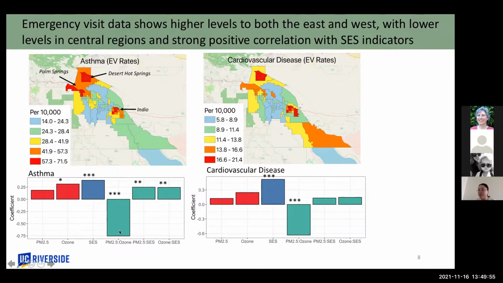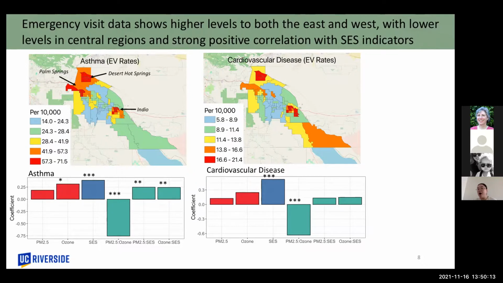PM2.5 and ozone. So this indicates that in the areas where you have much higher ozone pollution, the impacts of PM2.5 on the EV rates will be reduced. I think this makes sense for our study area.